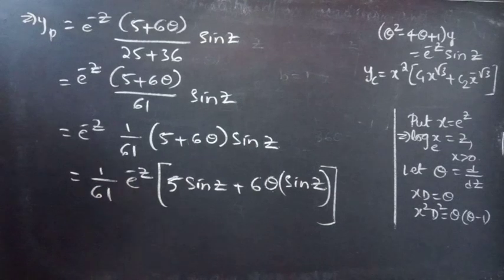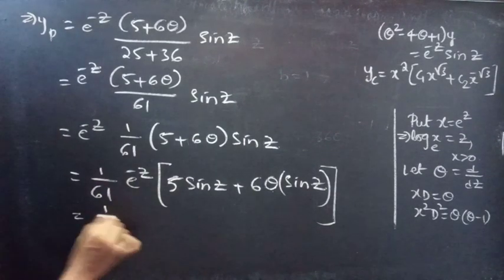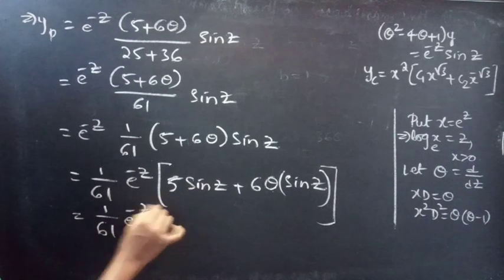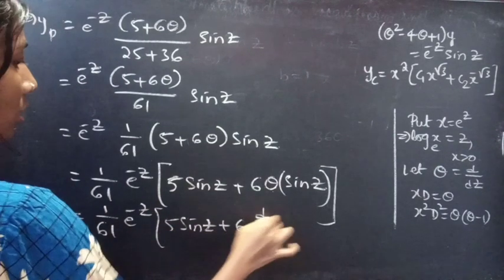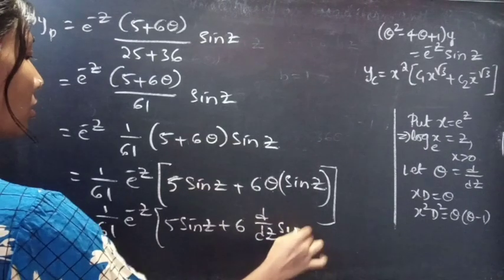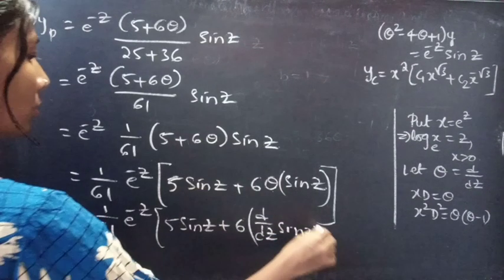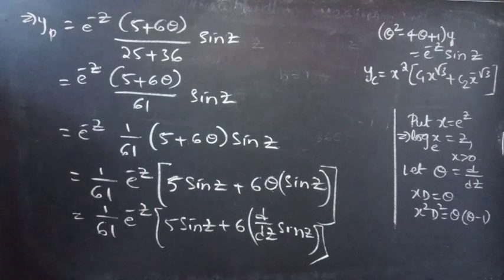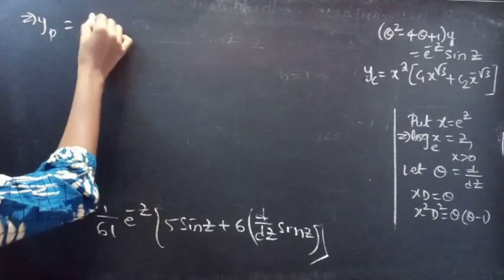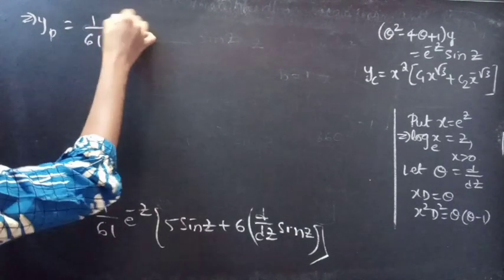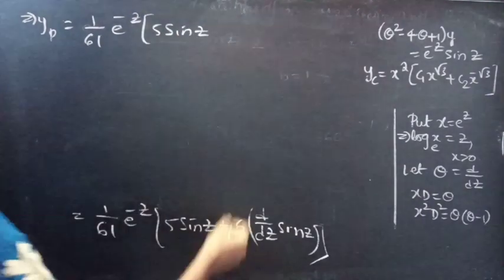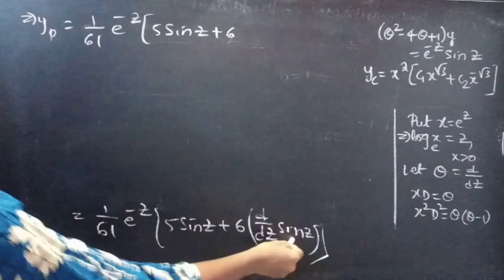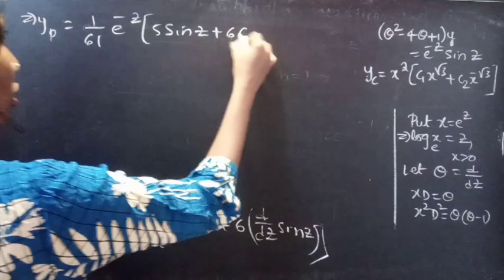Theta being a differential operator, we can write theta as d by dz, right? Yp becomes 1 by 61 into e power minus z into 5 sine z plus 6 into the derivative of sine z with respect to z, which is cos z.